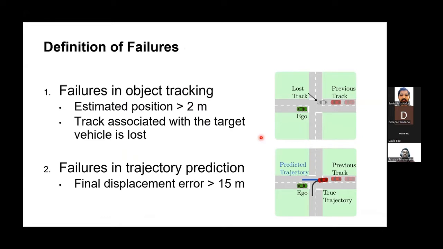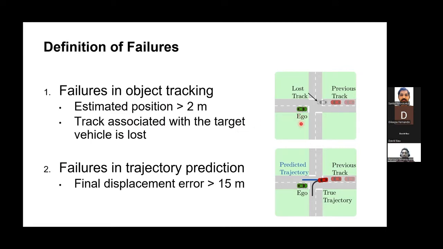What do we mean by failures? Failure is something that you define, so it depends on the application. For instance, one of the downstream tasks is object tracking. I can define that if the estimated position error is greater than, say, 2 meters, then it's a failure. Or you can define that the track associated with the target vehicle is lost.